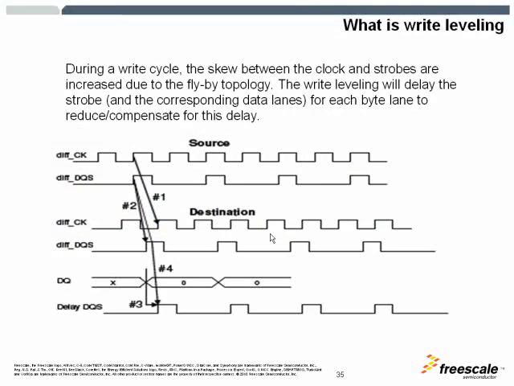So when this flyby topology is used during a write cycle, the skew between the clock and strobes is increased. Now what we do is write leveling, whereby we remove or compensate for these delays by changing the timing for each byte lane.